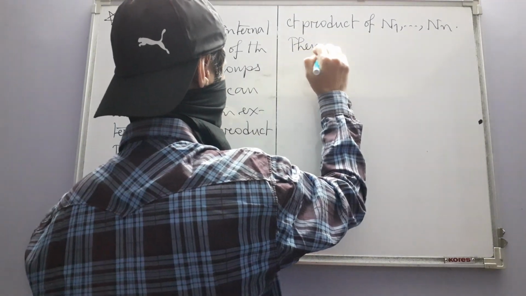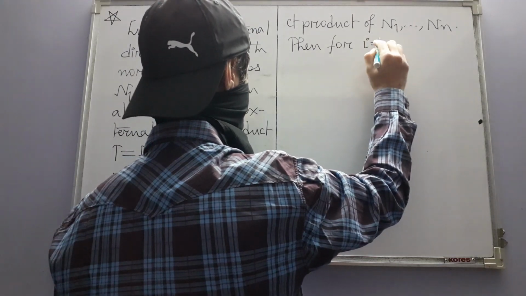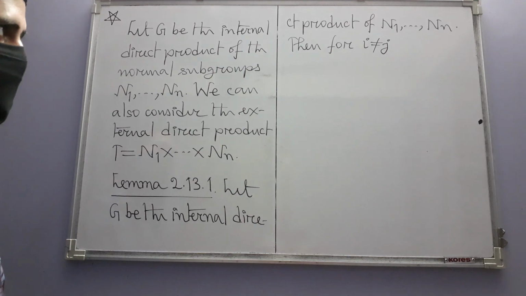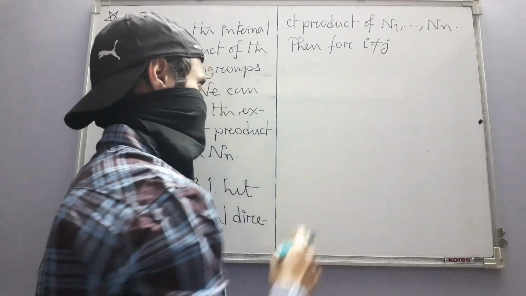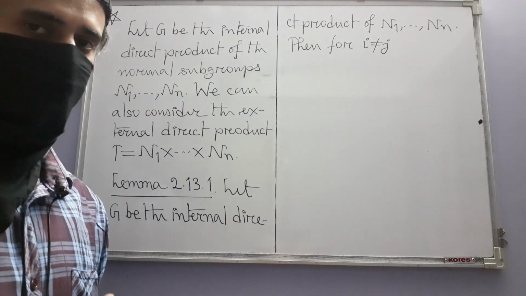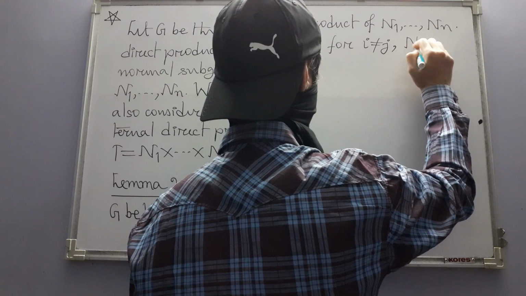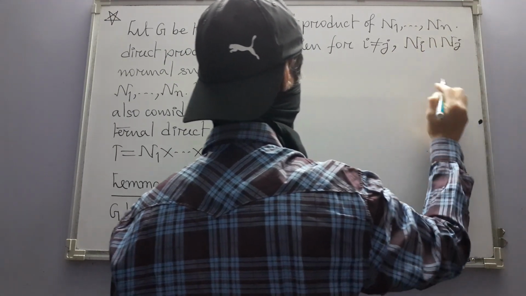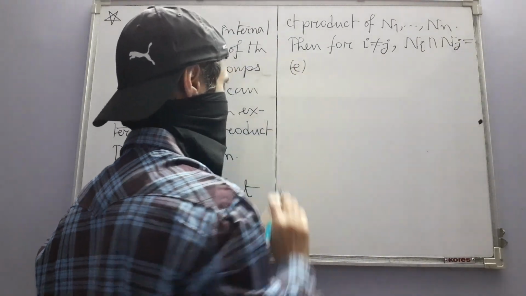Then for distinct suffix values i and j, where each of i and j of course is any integer lying between 1 and n, including 1 and n, if you take the intersection of Ni and Nj, that is trivial.